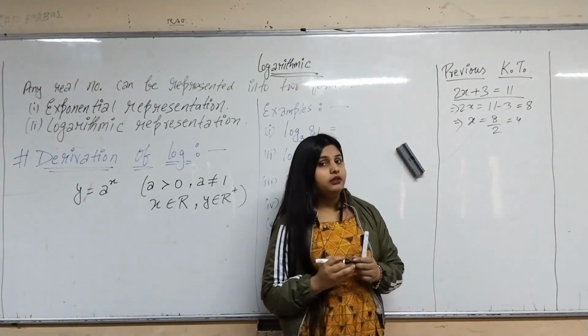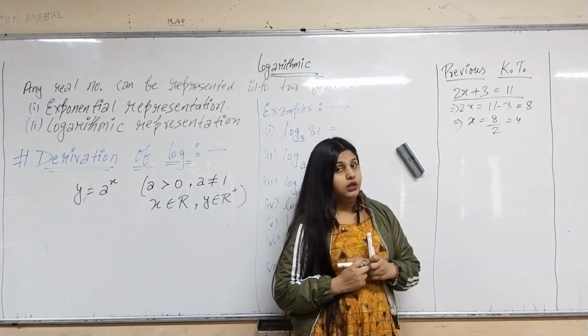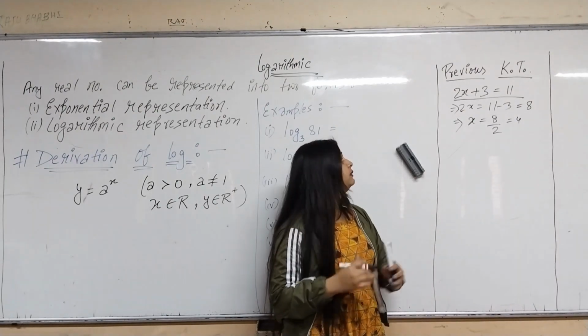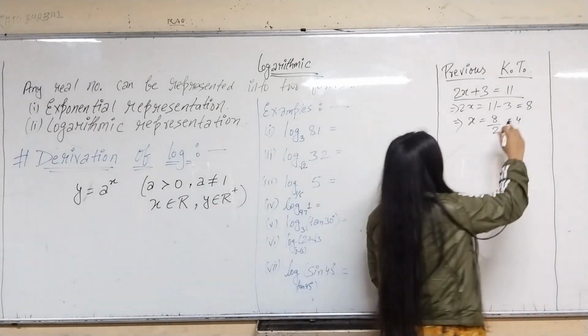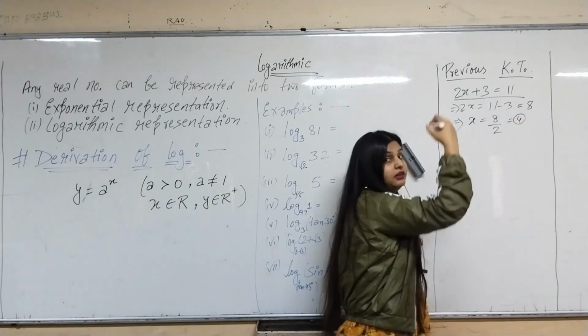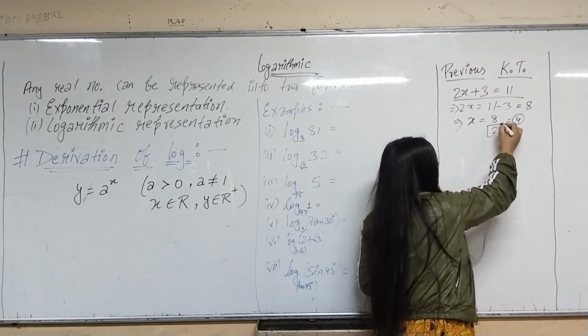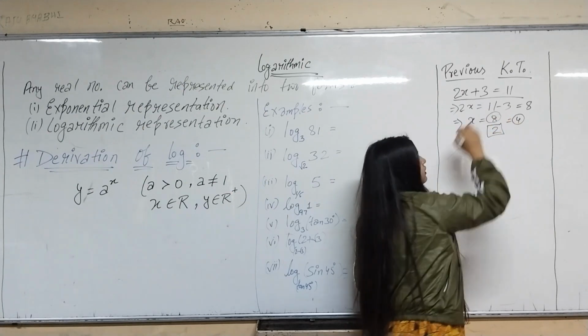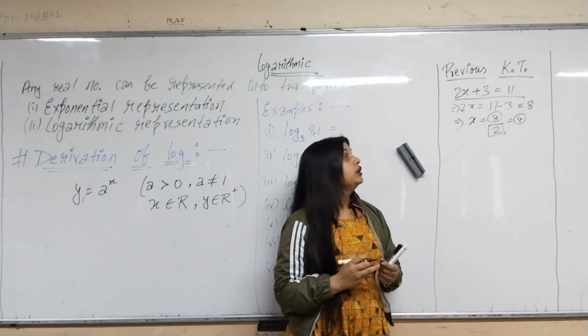So can you tell me one thing, what is 4? 4 is the result, 4 is the value of x, but what is it? That means 4 is the value that will be multiplied by this 2 to give this result. Got it?